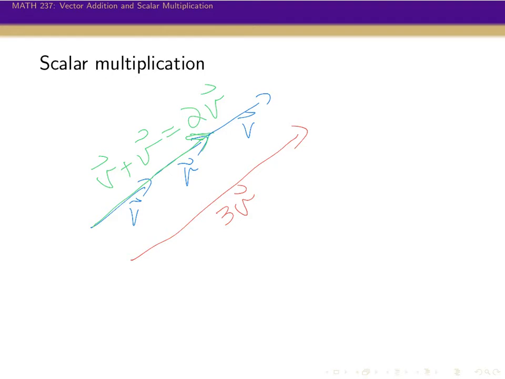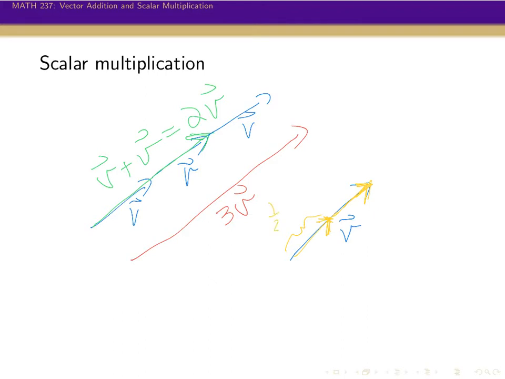Right? In the same way, if I start off with v and I cut it in half, so I make it so I have two of the same vector that add up to be equal to v, well, what does it make sense to call this vector?